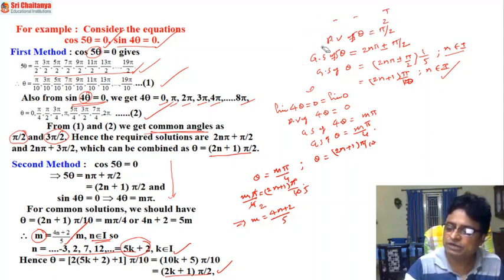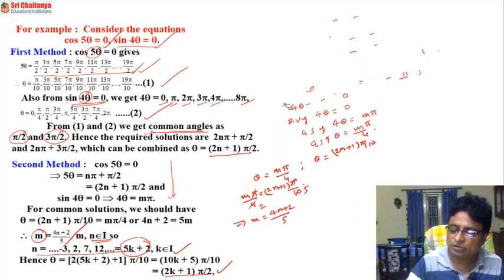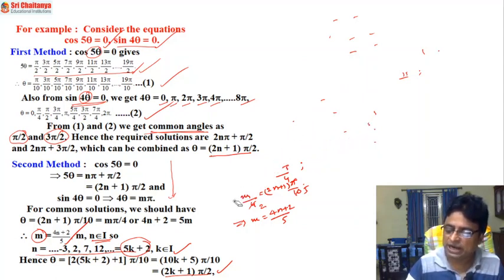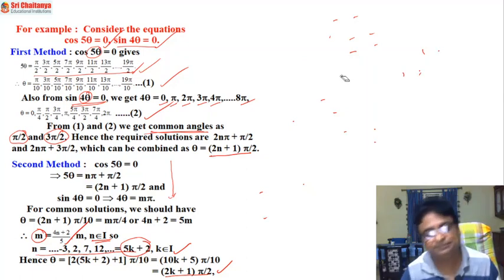Whenever two equations and one variable are given for you, method number one: first solve the equations and find the common angles which satisfy both the equations in the closed interval 0 to 2 pi, and add 2n pi to each and every angle, and depending upon the solution, write the combined solution.